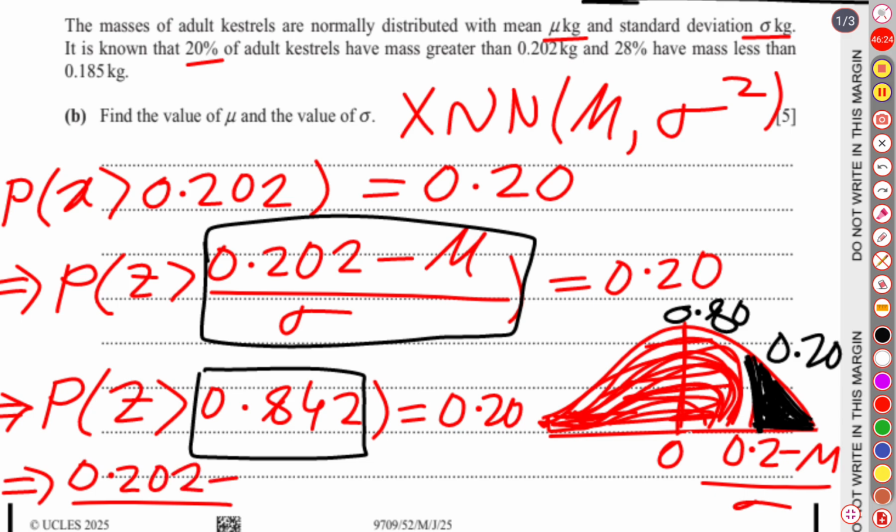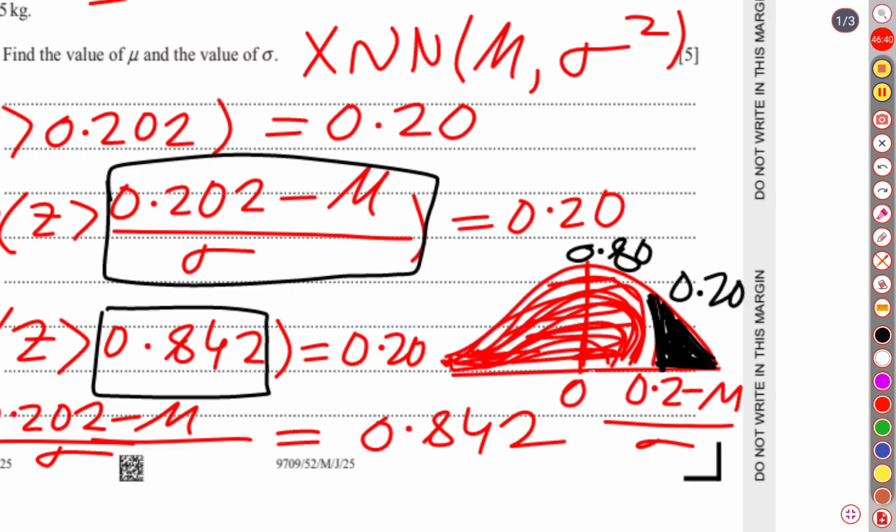(0.202 minus mu) over standard deviation is equal to the second z score, I mean the exact digital z score, 0.842. Then we can isolate sigma.